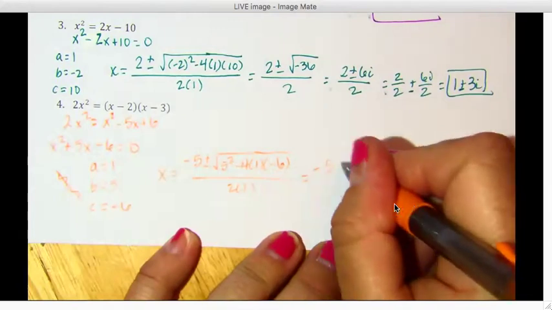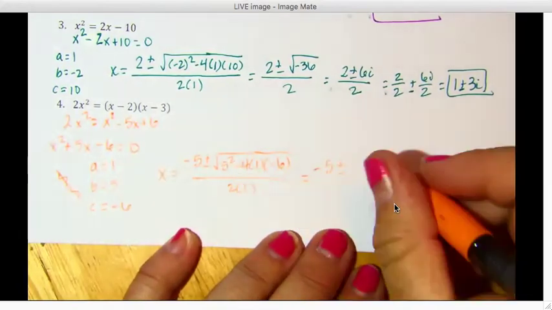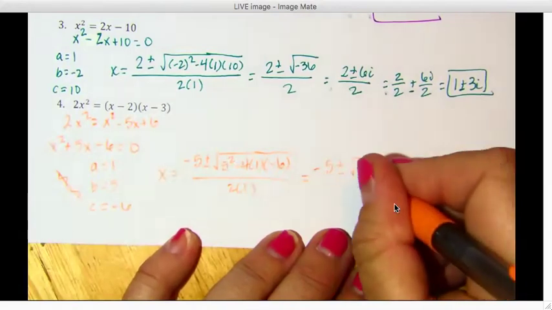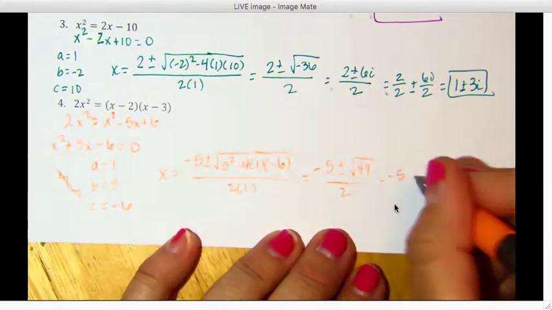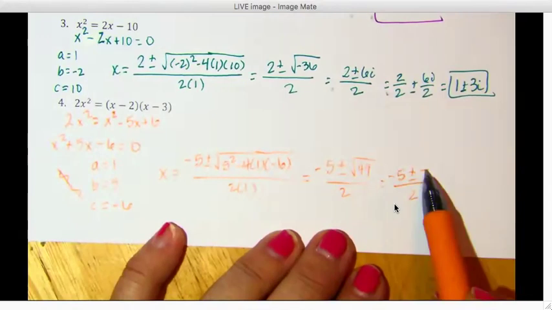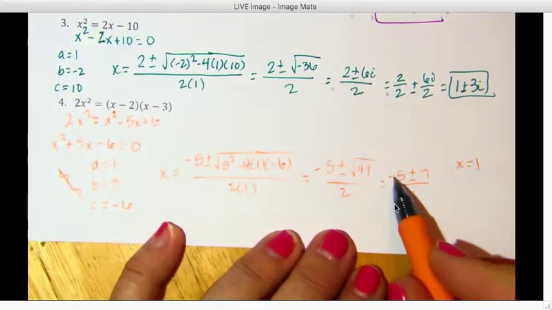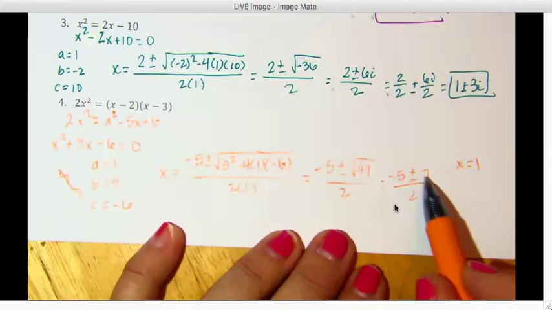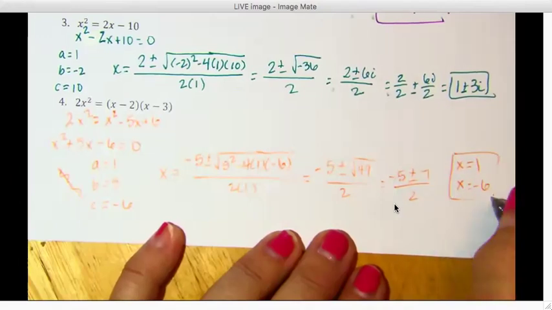That's -5 plus or minus the square root of 25 plus 24, and that makes 49, over 2. -5 plus or minus 7 over 2. Well, -5 plus 7 would be 2. 2 divided by 2 is 1. And -5 minus 7 is -12. -12 divided by 2 is -6.